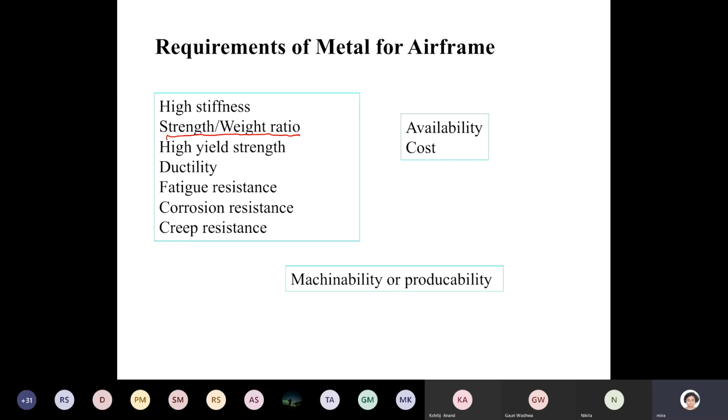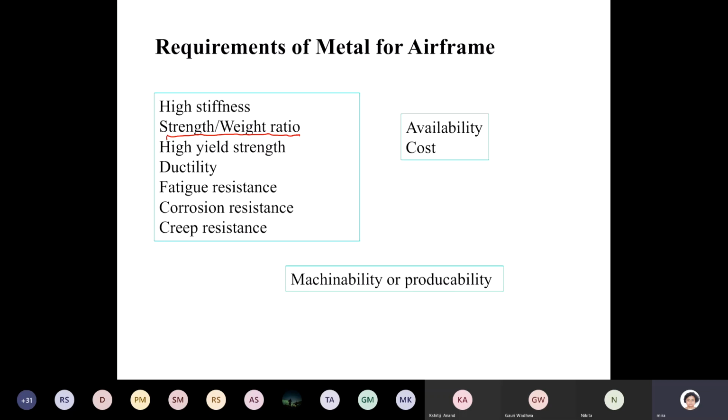So fatigue is an important problem in aircraft structure. And mild steel has much better fatigue characteristics than aluminium, but we prefer aluminium over mild steel because of the higher strength to weight ratio.